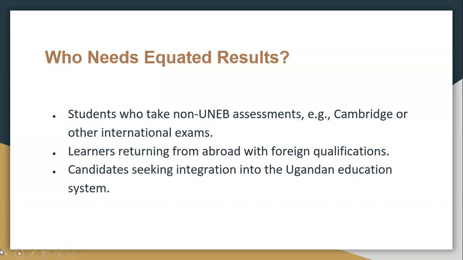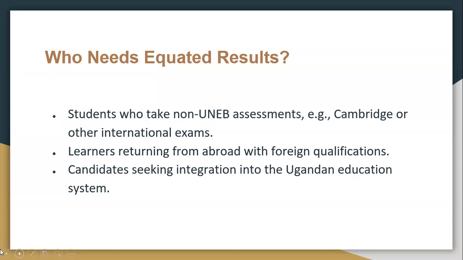So after their checkpoint, as a parent or as a teacher in charge, you have to take the results that the school or the parent has presented to UNEB, or do it online, and have those results equated such that you can know what the child has scored in terms of our standards as a country.